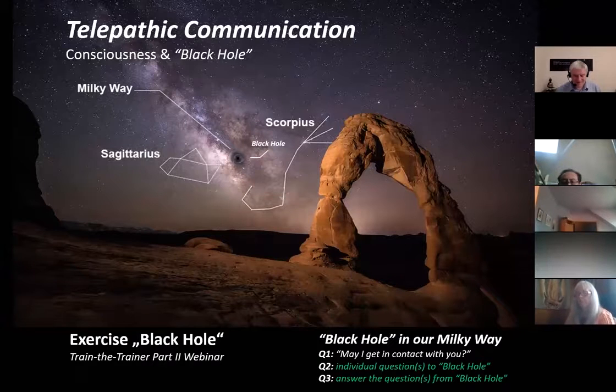And we sit again in an upright position and we close our eyes. We focus our attention on our breath. We breathe slowly and evenly. We focus our attention on our neck muscles.